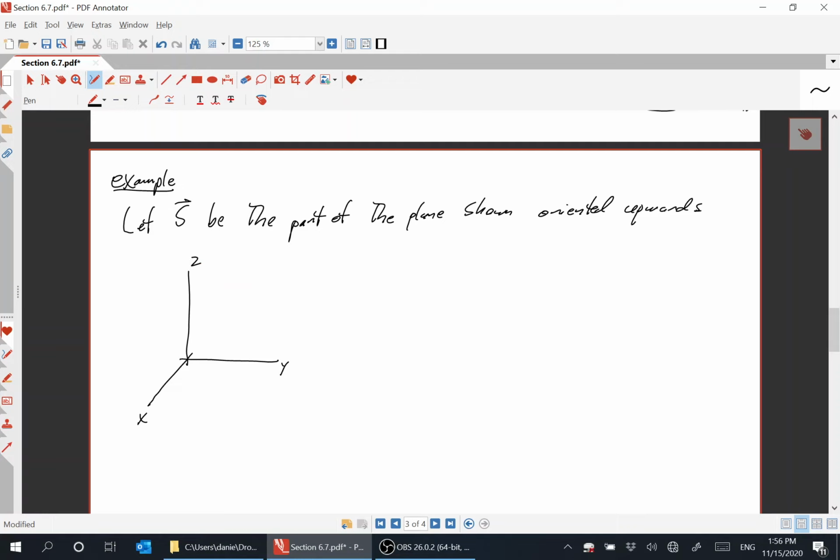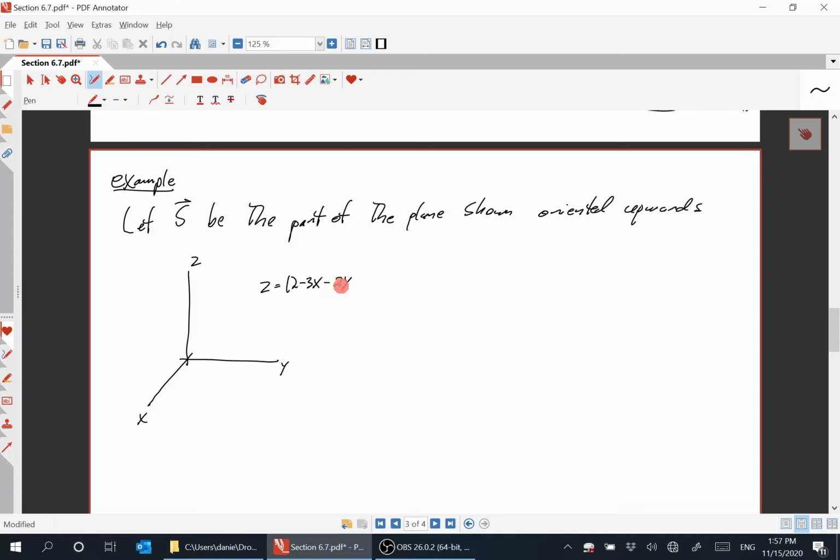Let's look at the plane z equals 12 minus 3x minus 2y.